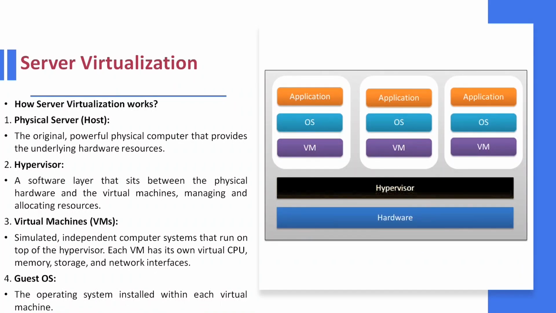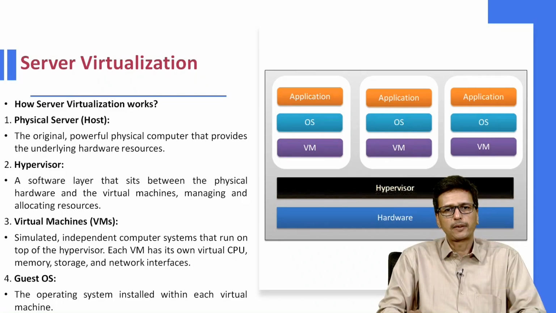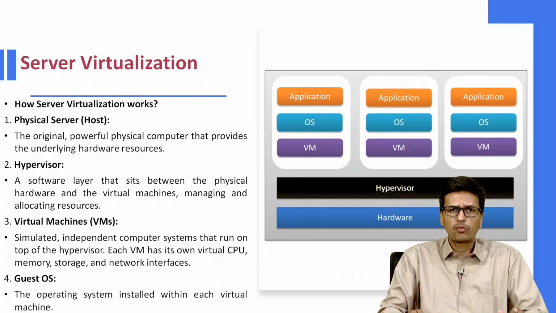Then how does server virtualization work? You can observe in the figure that there are layers: the hardware layer at the bottom, then the hypervisor, and different virtual machines. If you want to access the available hardware, even limited hardware, and run different systems on that single hardware, there is a layer called the hypervisor, the middleware, by which you can utilize all that hardware with the help of software called virtual machines.